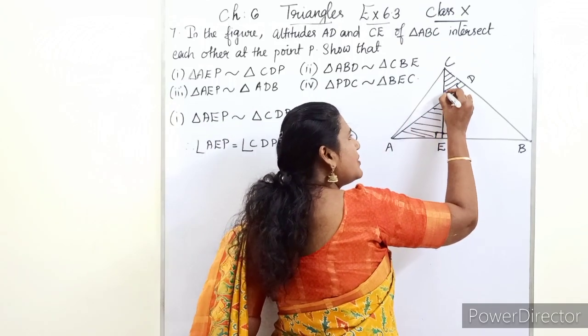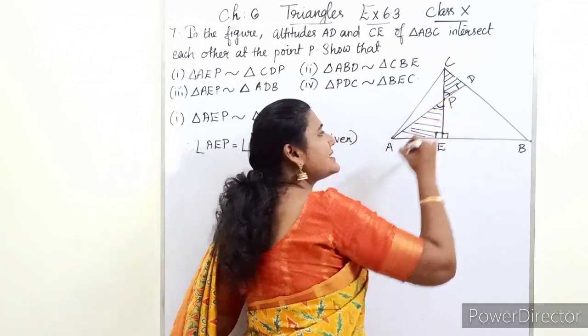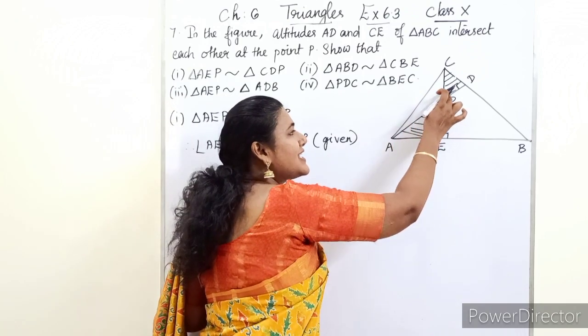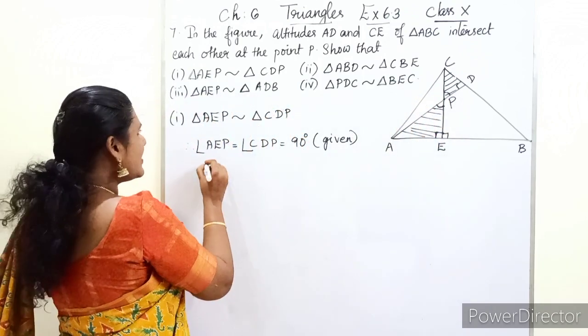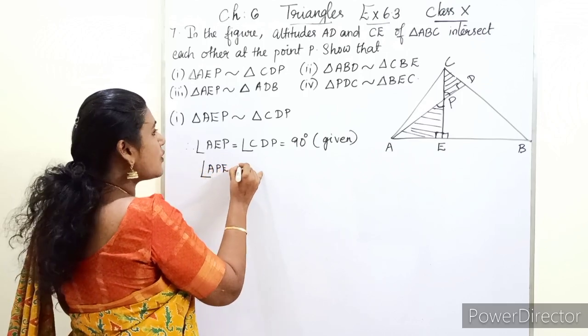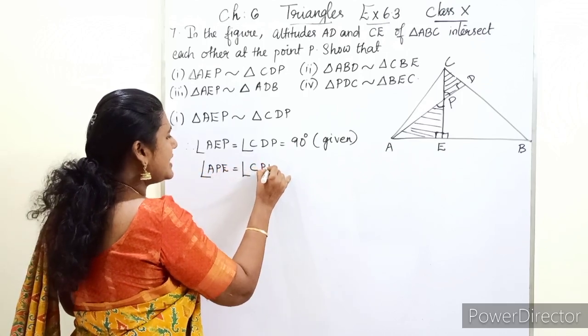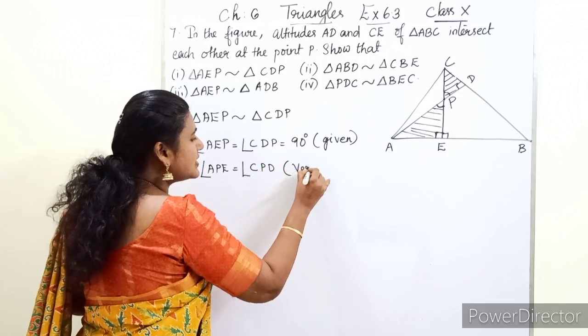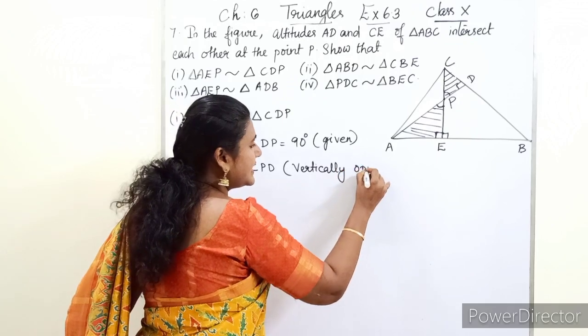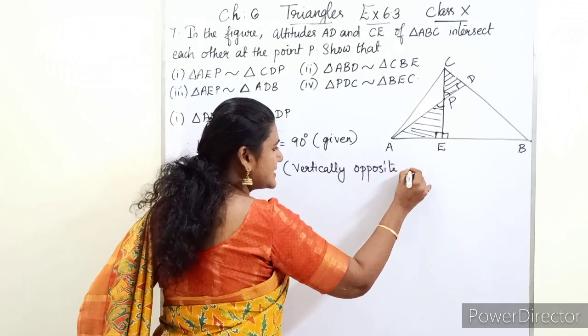So we got these two angles are equal. Now what about this angle? These two angles are actually vertically opposite angles. So these two angles are also equal. So we can write angle APE is equal to angle CPD. The reason is vertically opposite angles.